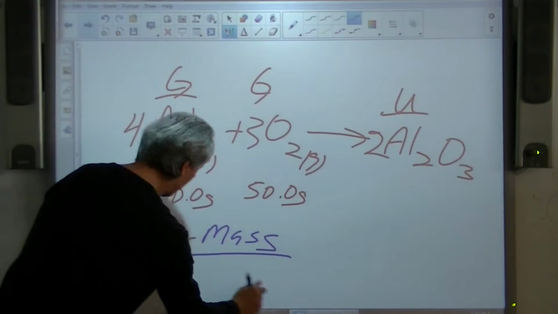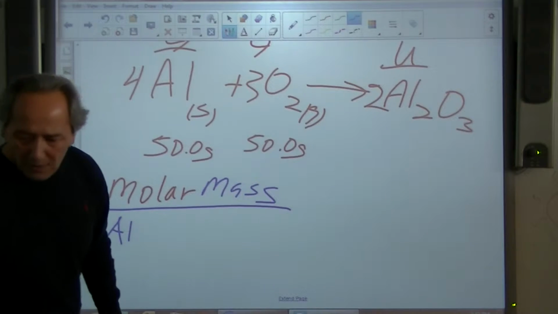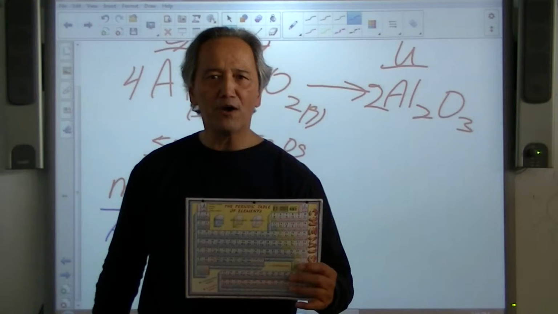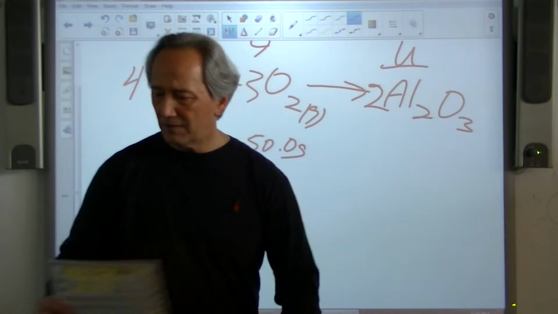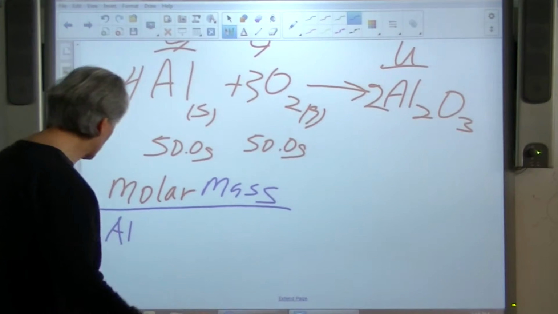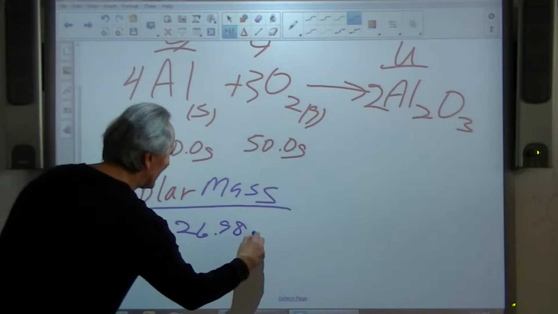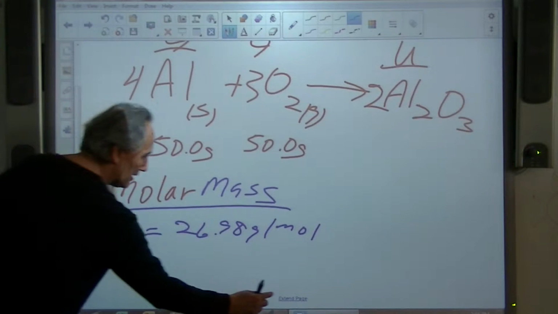Now when we are calculating our molar mass, of course we want to have available our periodic table and identify what the molar masses are of both the reactants and products. Aluminum's molar mass, in fact, is 26.98 grams per mole. Okay, that's the first reactant.